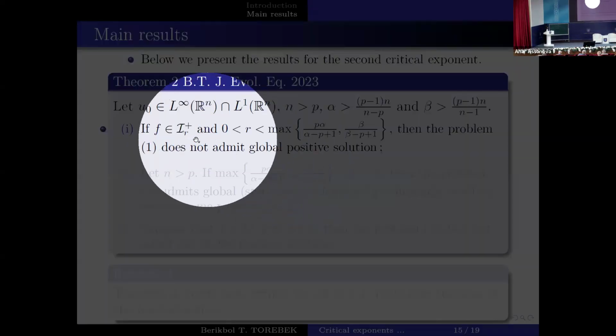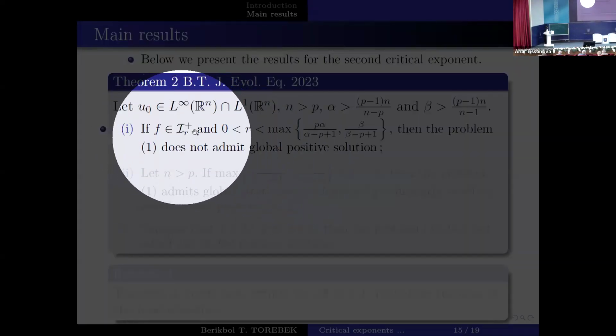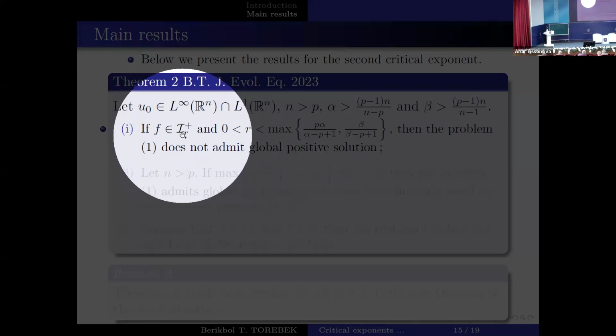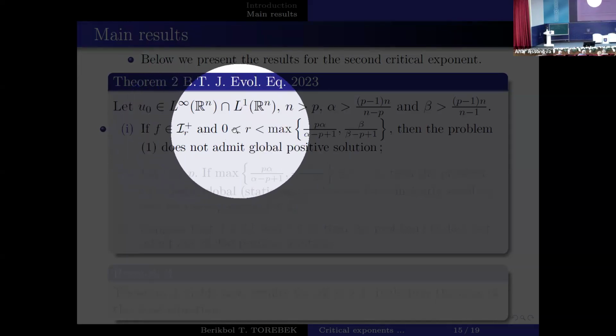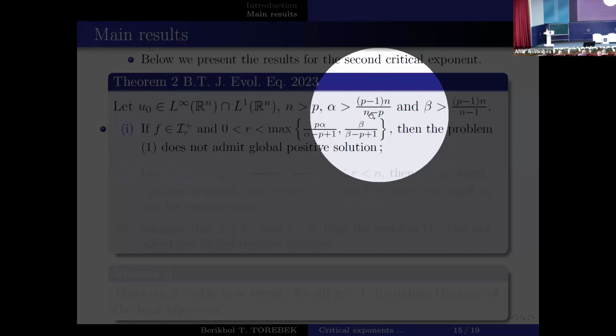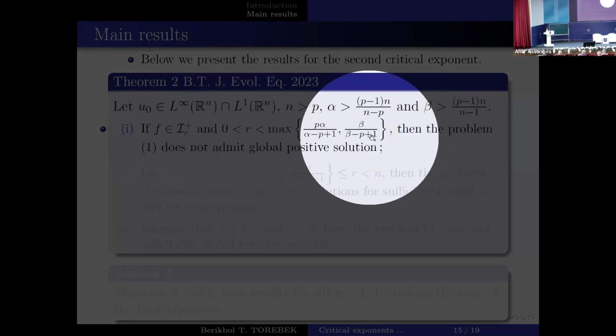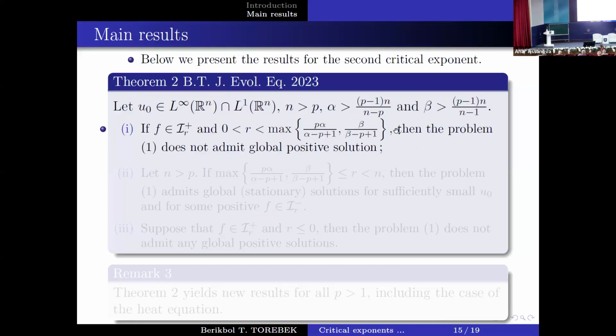Then if this forcing term belongs to this set I_r plus, and r satisfies this property between 0 and the maximum value of these numbers, then problem 1, the quasi-linear parabolic equation with gradient nonlinearity, does not admit a global in time positive solution.